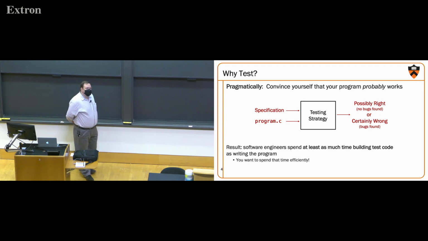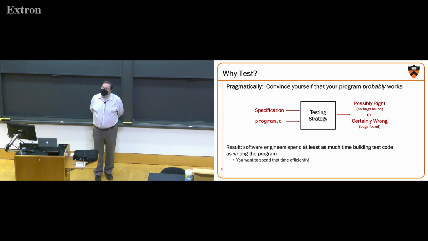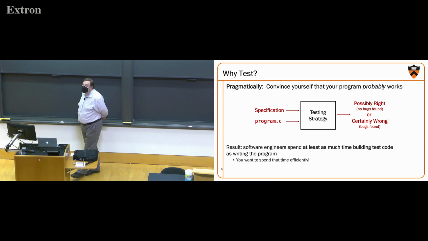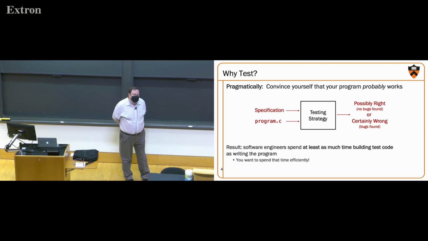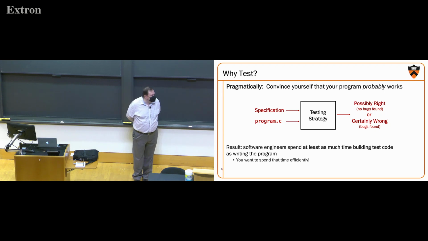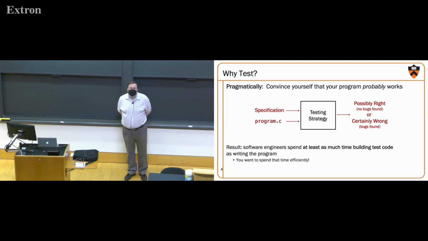And like I said, this is kind of what happens in the real world. If you go out and get a job at a software company, believe me, you will spend a huge fraction of your time writing test cases. In many companies, you don't get to contribute to the code of a product unless you simultaneously contribute test cases.